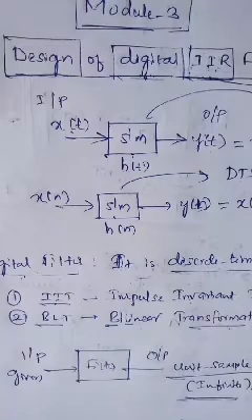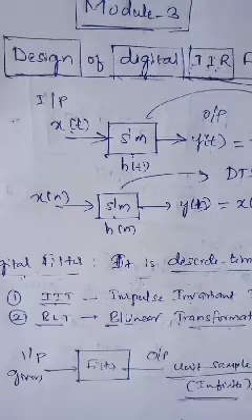I mean to say that an analog filter is converted into a digital filter with the help of these two methods as per your syllabus. The reason why we convert, that is, why design a digital filter from an analog filter: the procedure to design an analog filter is readily available and it is highly advanced.